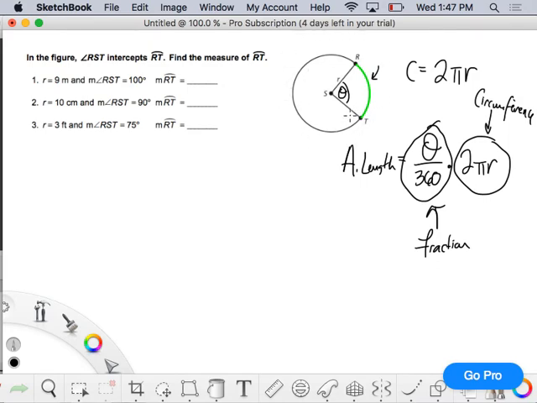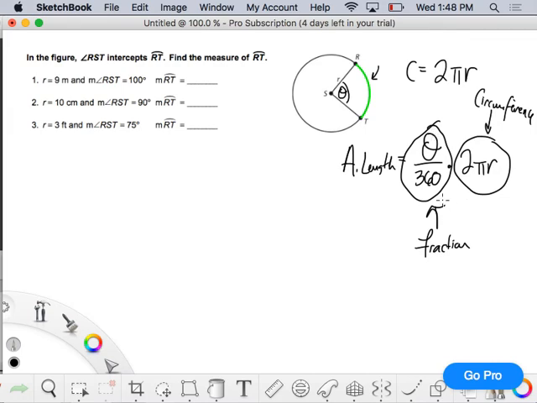Can you guys see that? 360 over 360 is just 1, so the arc length would just be the circumference. If theta was 180, the arc would be half the circle. 180 over 360 is 1/2. If it was 90 degrees, that's a quarter of the circle, and 90 over 360 is 1/4. So theta over 360 gives us the fraction of the circumference that the arc length is equal to.